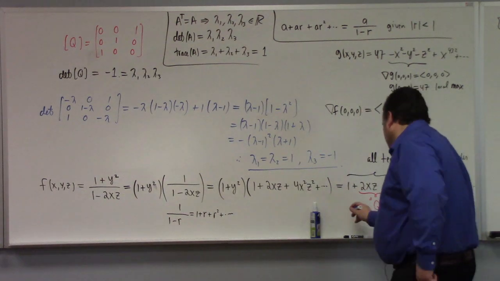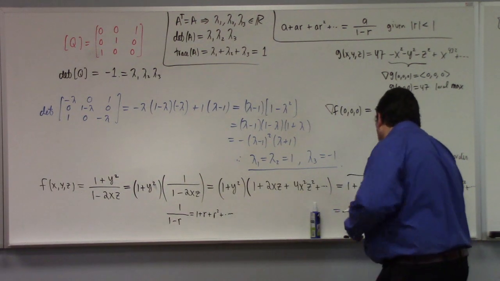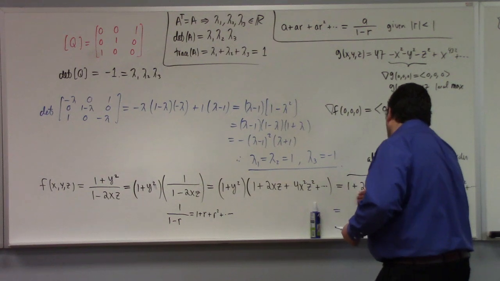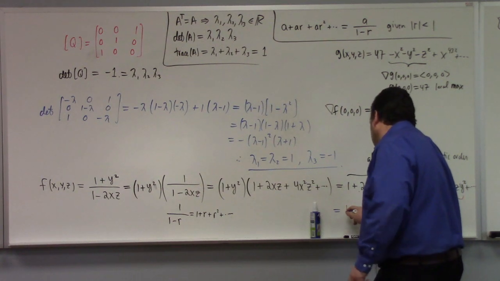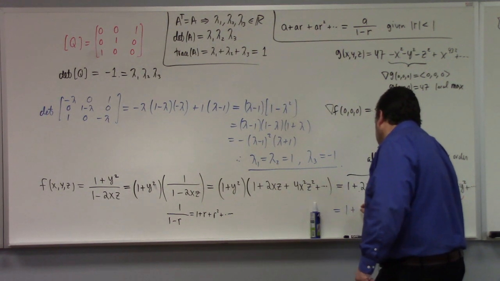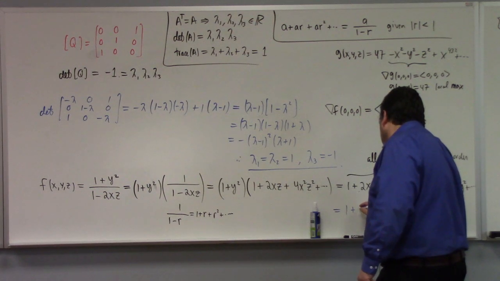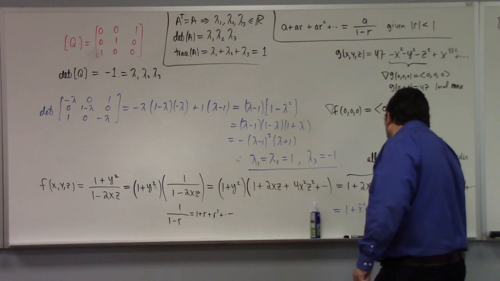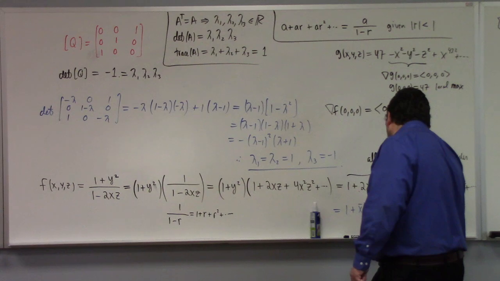And so what all that means is we could choose eigencoordinates, and this expression can be rewritten as 1 plus x bar squared plus y bar squared minus z bar squared plus higher order stuff, right?